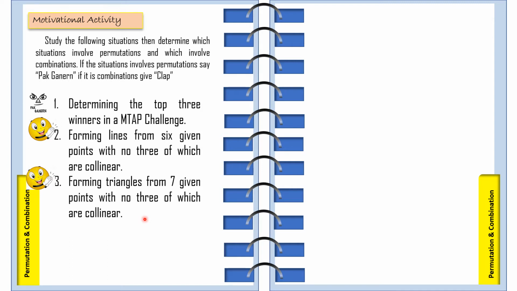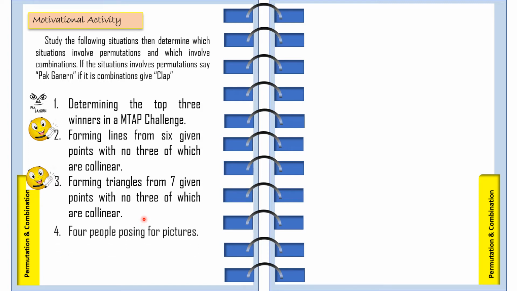So we're talking about number of forming a triangle. So again, kahit aling mauna doon na mga triangles na magawa natin, ang importante maka-form tayo ng triangle from 7 given points with no 3 of which are collinear. So pag sinabi natin collinear, ito yung mga points na on the same line, no? So here, no 3 of which are collinear.